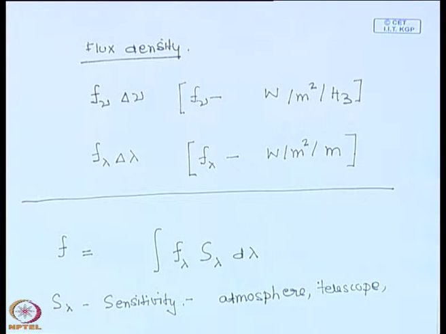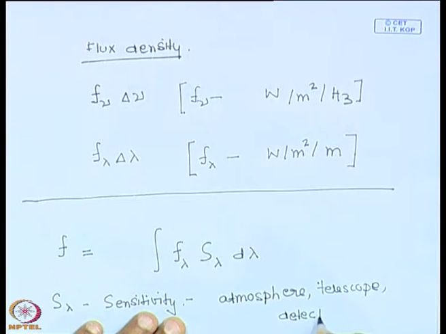So, that is there in the sensitivity, and also the detector, the final instrument that measures the amount of radiation, also may not have an equal wavelength response, and the flux that is measured finally is an integral of the flux density over the wavelength with the sensitivity, and the sensitivity incorporates all of these effects.